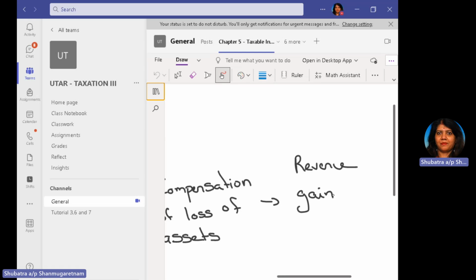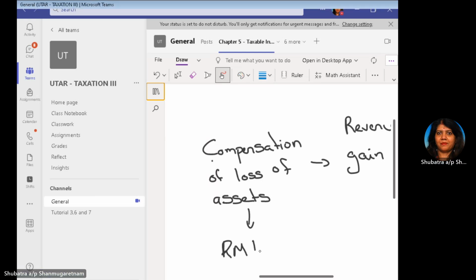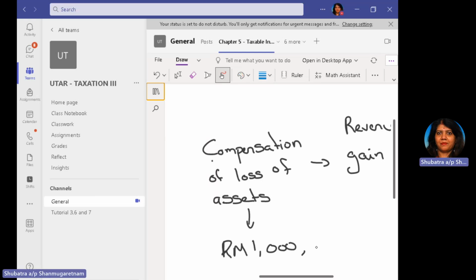Now, say my warehouse got burned down. Everything in there perished. The warehouse burned down, the shelves burned down, the inventory burned down. Say now I got a compensation of $1 million.